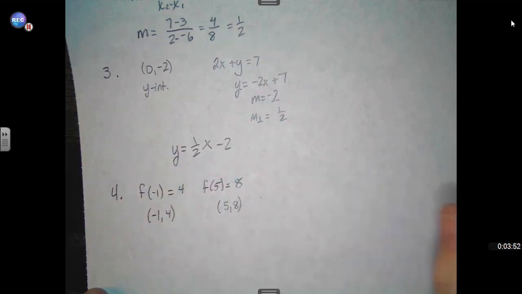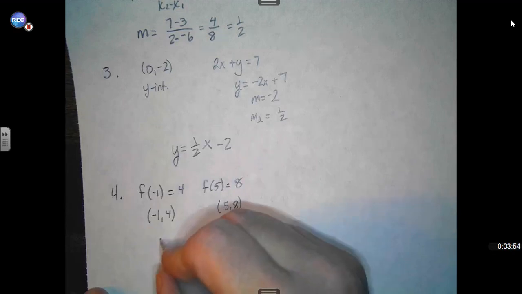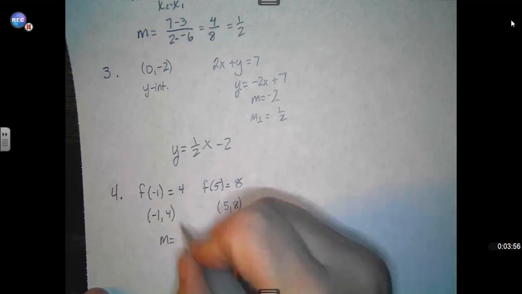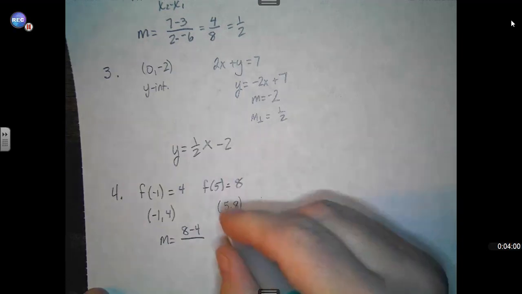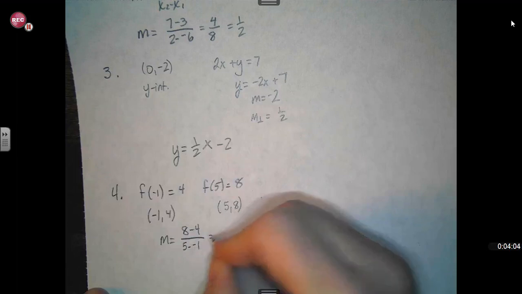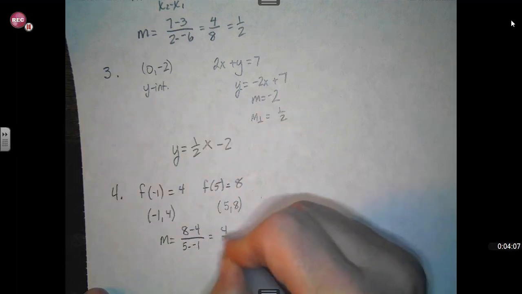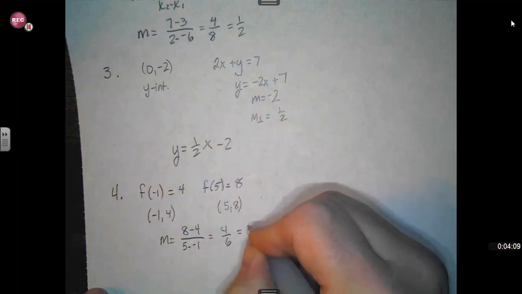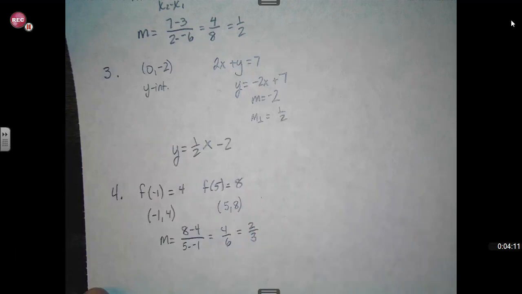And what I want to do is find the slope. So that's going to be 8 minus 4 over 5 minus -1. And I get 4 over 6, which is 2/3.